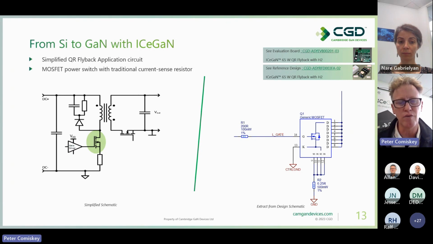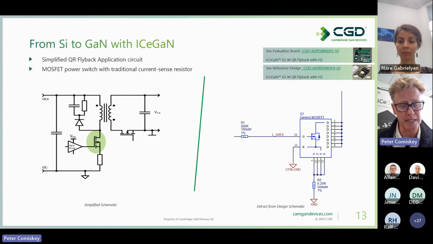So we're not showing the rectifier stage, we're just showing from DC the switch stage through a coupled inductor out to a voltage out. And what we're showing on the left-hand side is the simplified schematic. The right-hand side is an extract from our ECAD tool, PCB design tool, schematic tool.